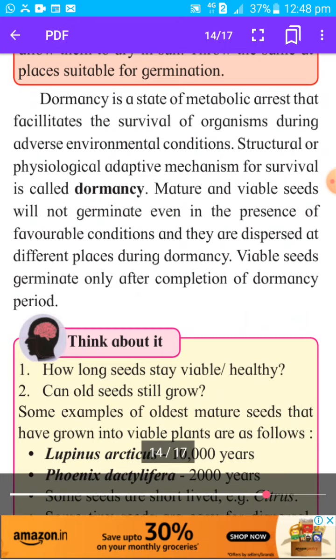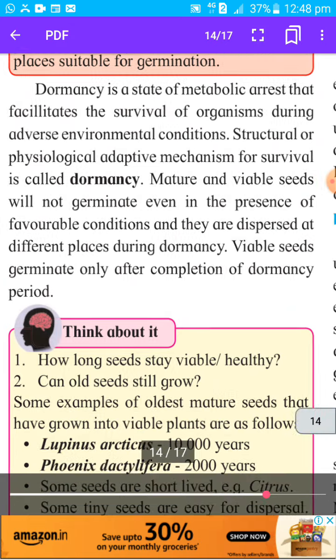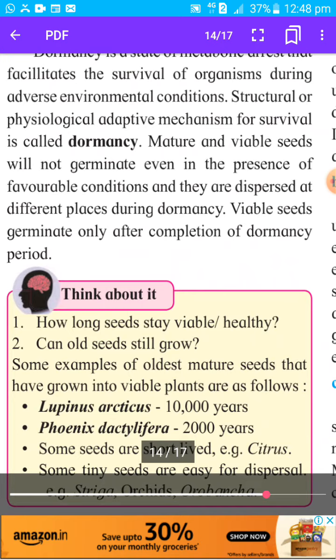So this is the adaptation given by nature so that the organism can live in adverse environmental conditions. When conditions are not suitable, there is a possibility that the organism may die, but due to this adaptation of dormancy, the organism can survive in adverse conditions also.